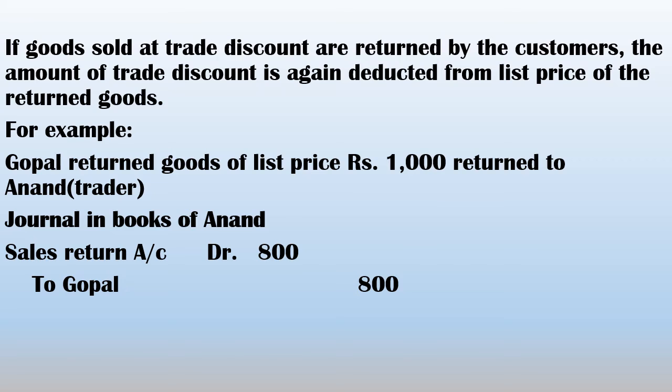Now here we have written 800 because of the trade discount. If you remember the previous question, it was 20%. So according to that, we are deducting 200 from 1,000, but here we are not showing the trade discount separately.